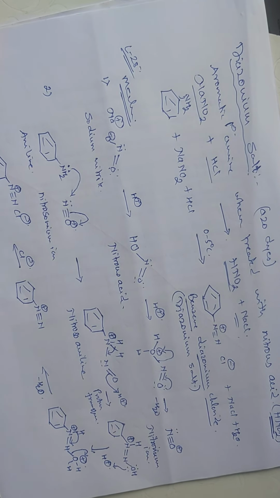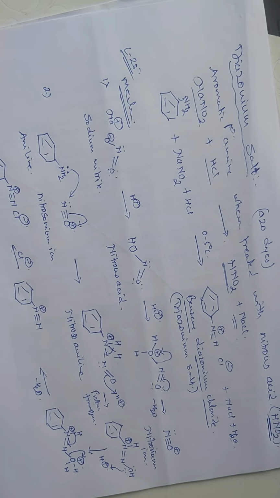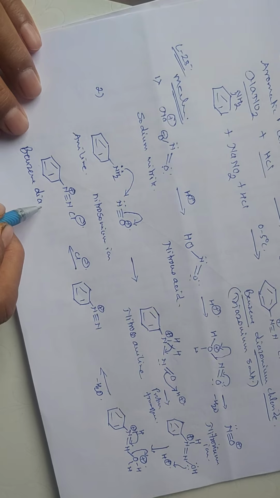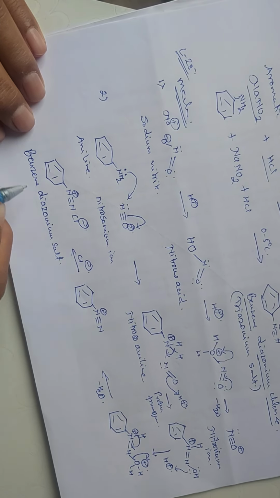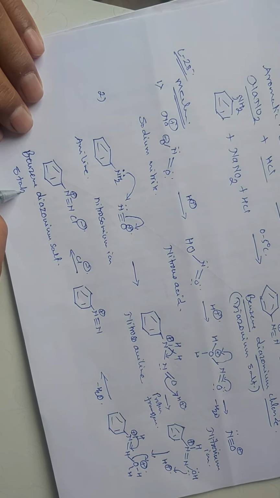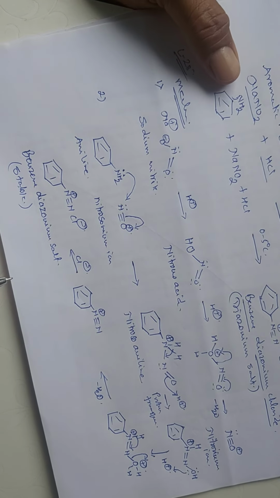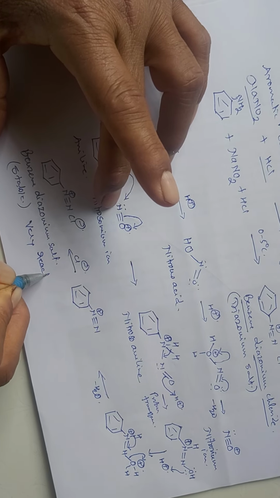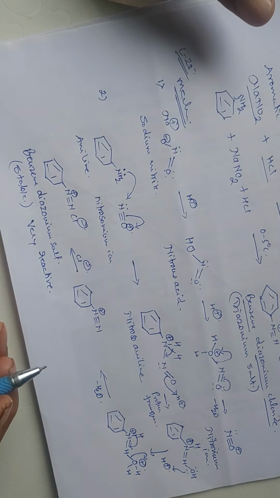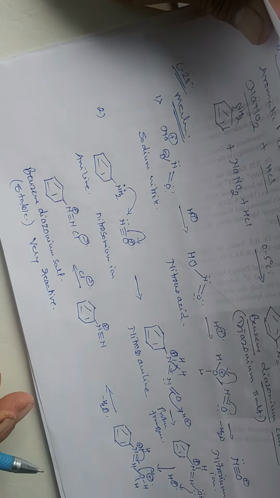So this salt, the benzene diazonium salt, is formed, which is stable, and this stable species which is obtained, this aryl diazonium salt, is very reactive, and it can further undergo different types of substitution reactions in which the nitrogen is replaced by different groups.